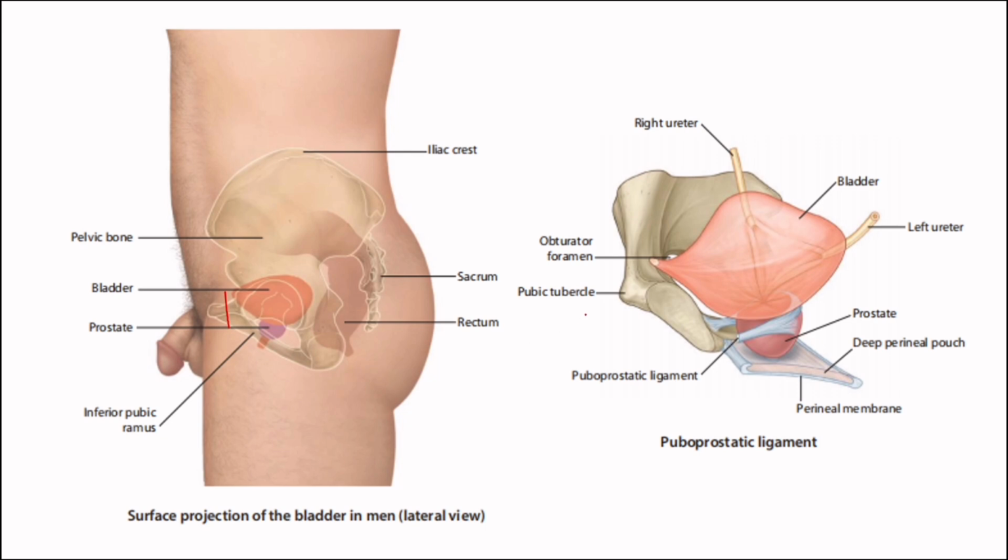It has an apex here. It has a base, which is triangular. It has an inferior angle, where we find the neck of the bladder.